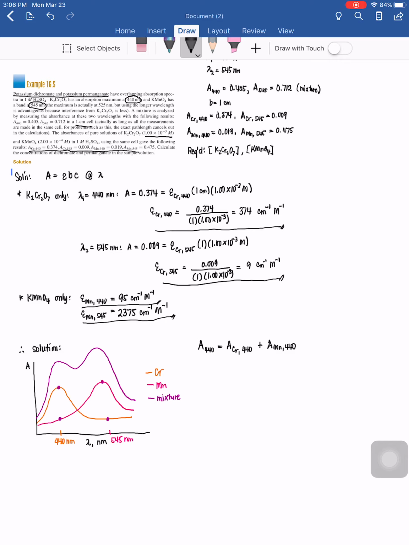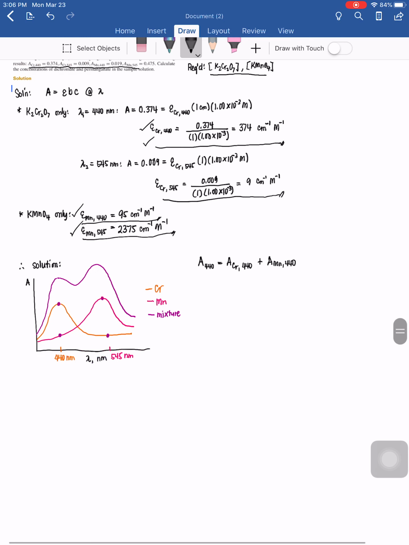Now in our solution, we do not know the concentrations of these yet, so we can't use the given values over here. Instead, what we now have to use is the value of the molar absorptivities we've measured earlier, just so we're able to find the items that we're looking for, which are the concentrations of our potassium permanganate and potassium dichromate.